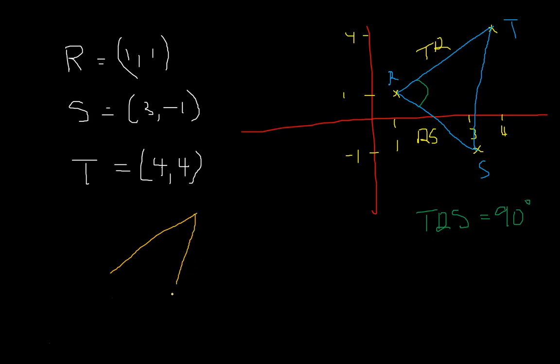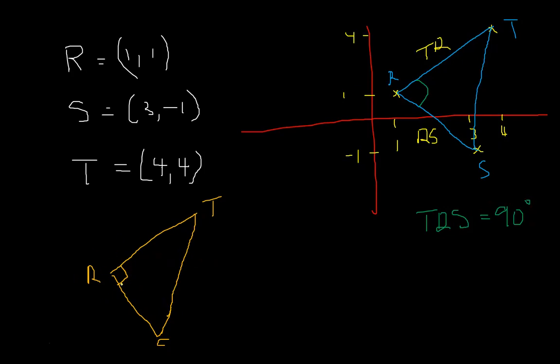It should look something like this, even though this doesn't look good. And they actually told me TRS is 90. So this is my 90-degree angle right here. They told me to show that TRS is 90 degrees.